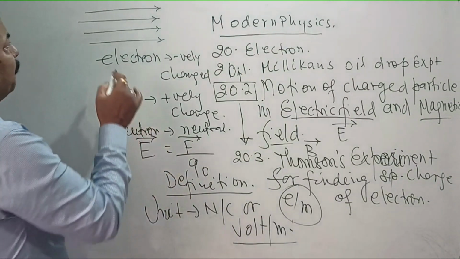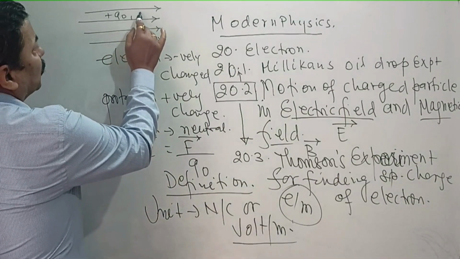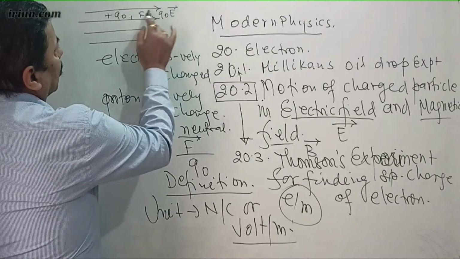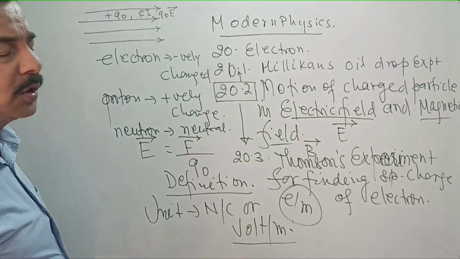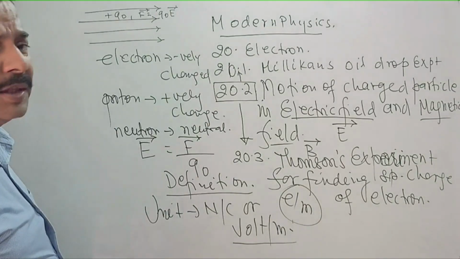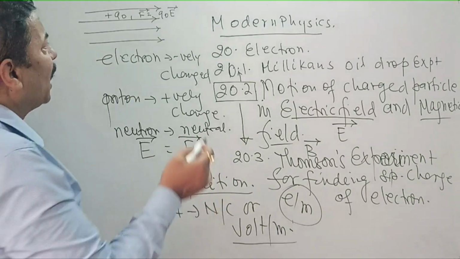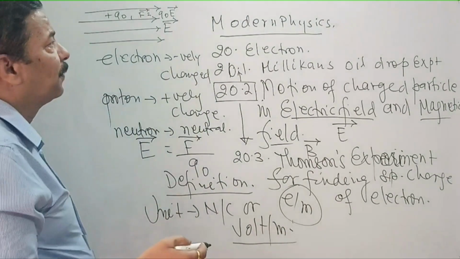So if we take a positive charge Q naught, then the force F is equal to Q naught E, the force on the electric charge in the uniform electric field E, and the direction of this force is along the direction of electric field.